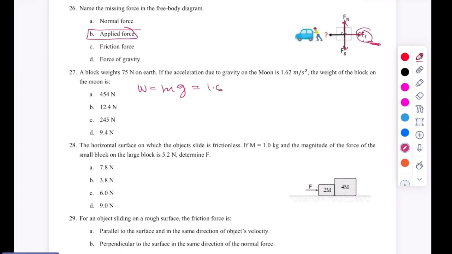So 7.65 multiplied by 1.62, which is 12.4 Newton. So if we measure this mass on Earth, this is how much the weight is: 75 over 9.81.